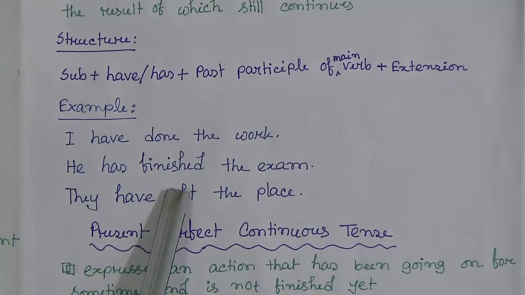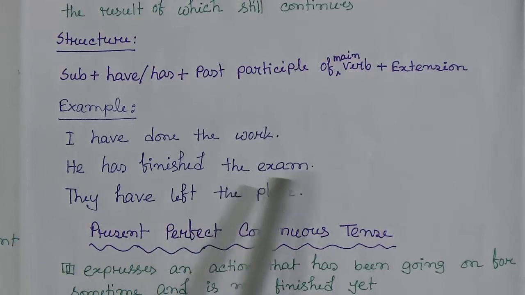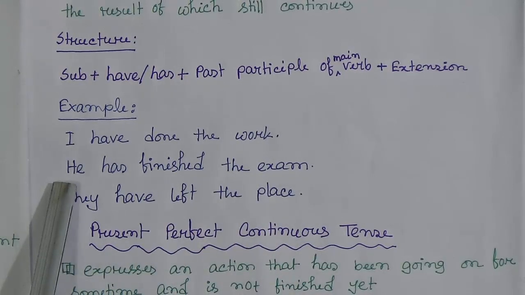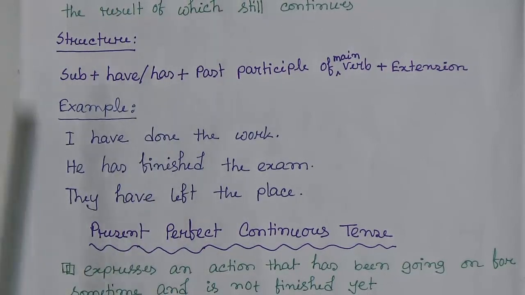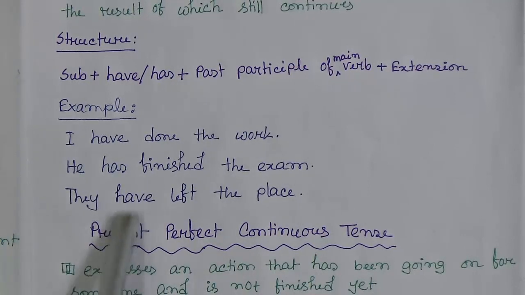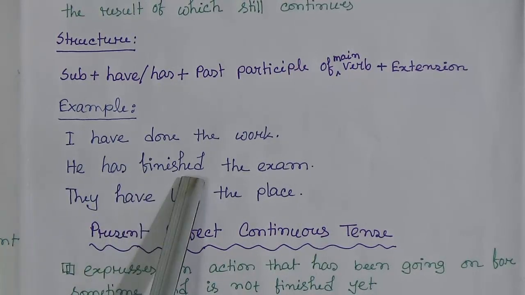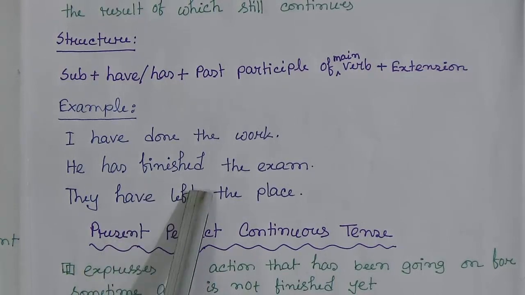Now, he has finished the exam. Here the subject is he, so according to the structure we use has. He has finished. Finish is the main verb and we have to use the past participle form of the main verb.